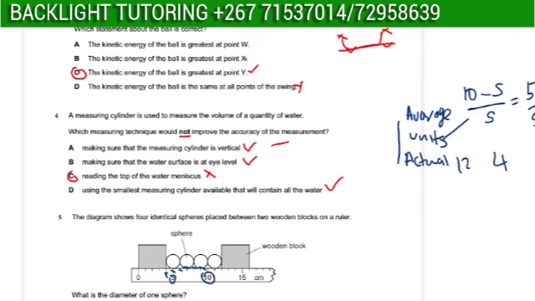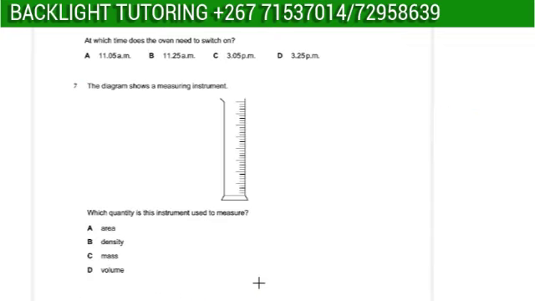That will be 12 minus 4, over the number of spheres, which is 4. So we're going to have 8 over 4, and we're looking at centimeters here. So the diameter of one sphere will be 2 centimeters. So we are done with question 5.